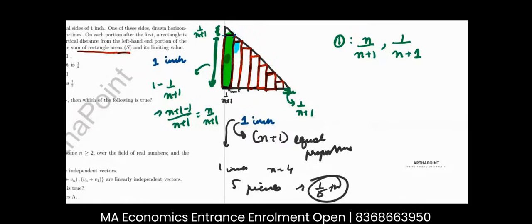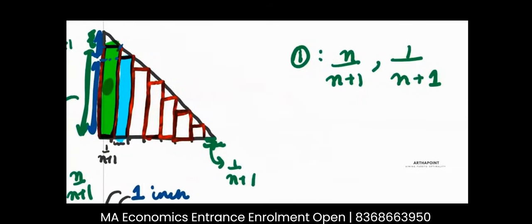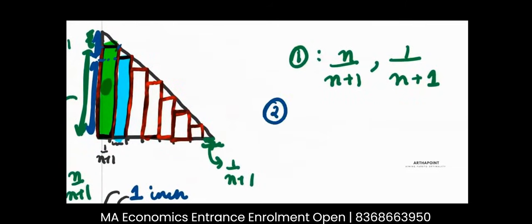Now look at the second rectangle. For the second rectangle, how much am I leaving out? Do you see that if I take this here, I'm leaving out 2 proportions, and the remaining is its length. So for the second rectangle, I am leaving 2 portions of 1 upon n plus 1, and the remaining is my length.